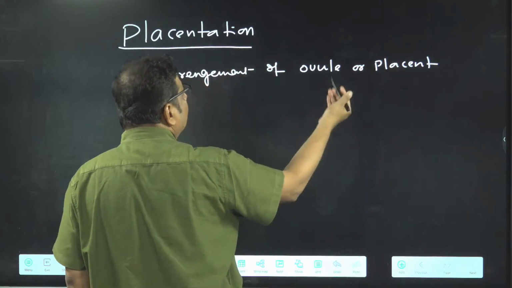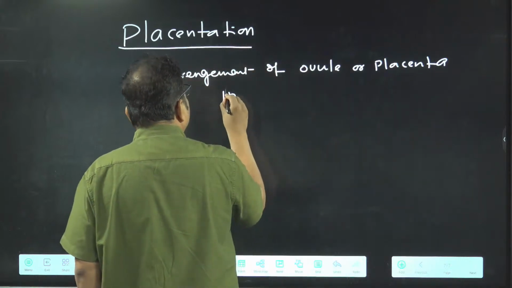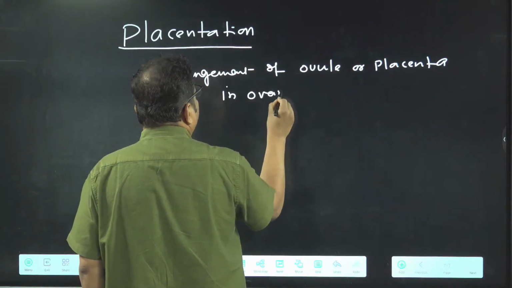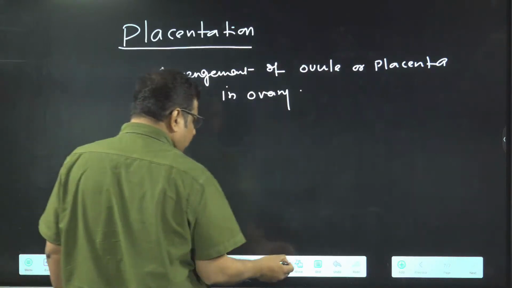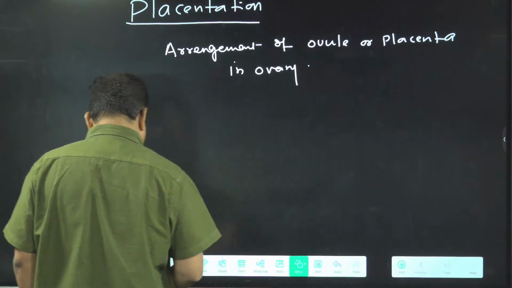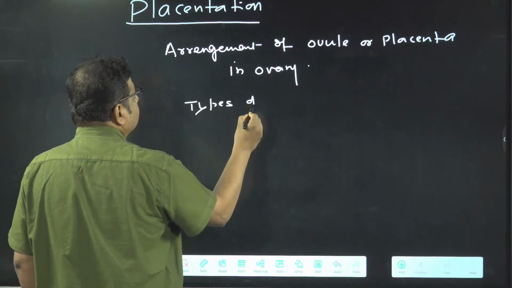Ovule is there. You can say where ovule is there, placenta must be there. Placenta in the ovary is called placentation. Now, the types are given in NCERT. So, types of placentation.